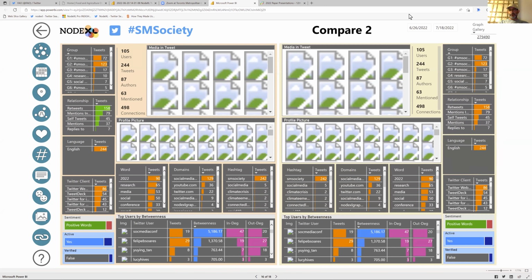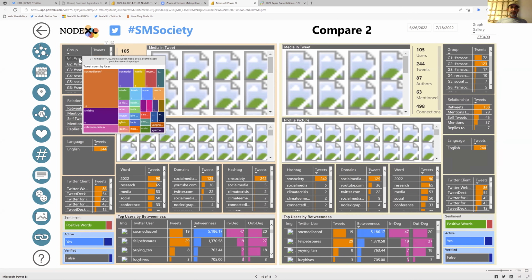The art scholars among you may know what a diptych is, or a triptych is 3, a diptych is 2. It's basically 2 pages facing each other. They're mirror images of each other. And on this side, we invite you to say, well, how does group 1 compare to group 2?